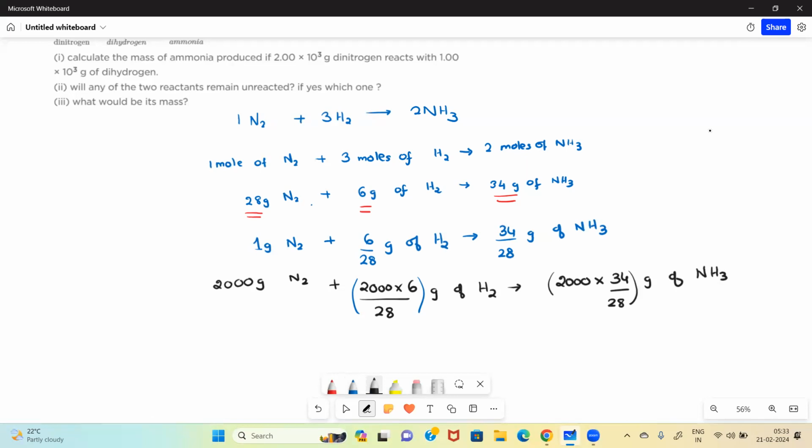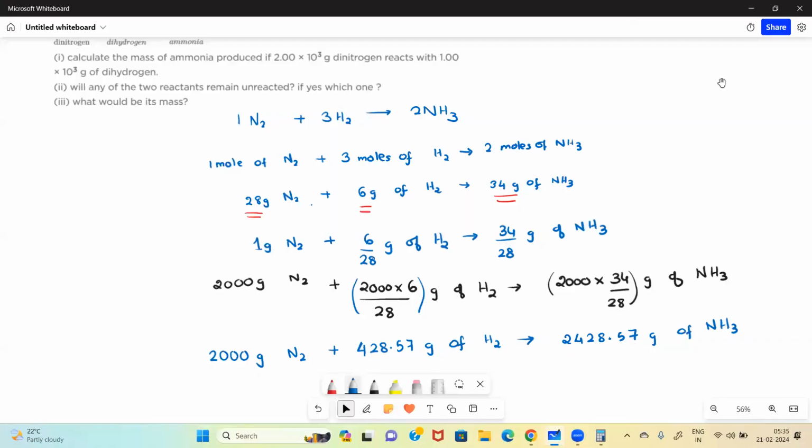Now let's see what these numbers are. As you can see, 2000 grams of nitrogen combines with 428.57 grams of hydrogen to give 2428.57 grams of ammonia. So that answers the first question: calculate the mass of ammonia that is going to be produced.